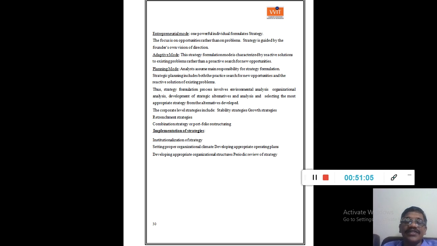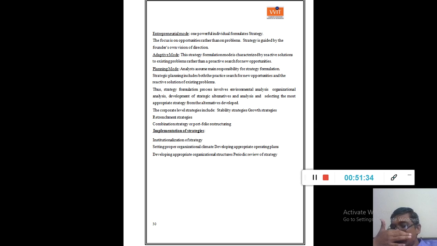Growth strategies mean growing, expanding. Retrenchment strategy means reducing, dropping some products from your product line. Not expanding, but retrenchment. Then combination strategy or portfolio restructuring, etc. Then implementation of strategies.